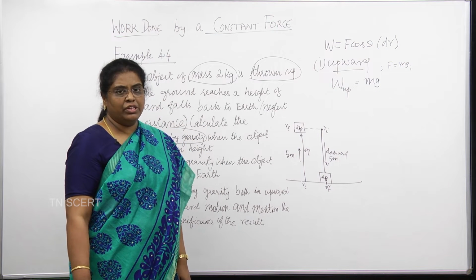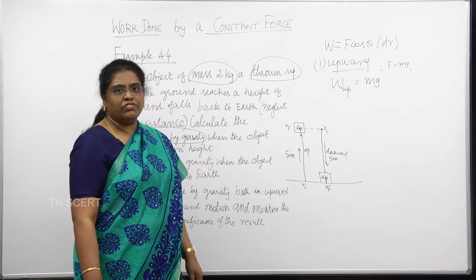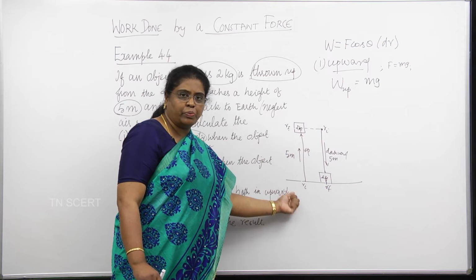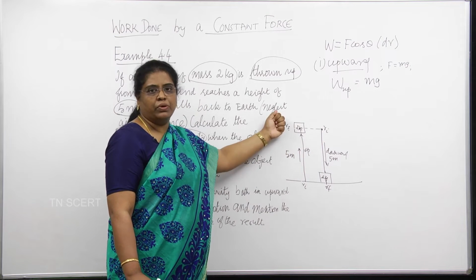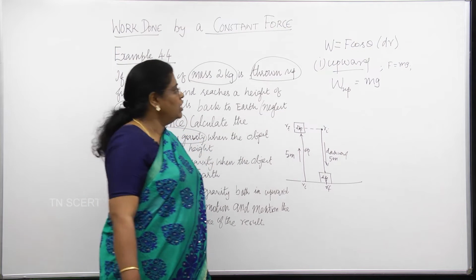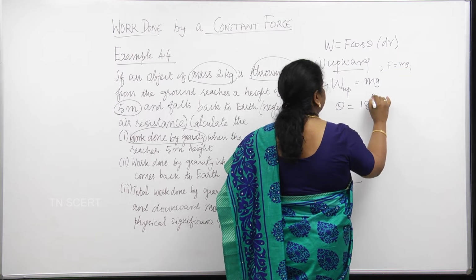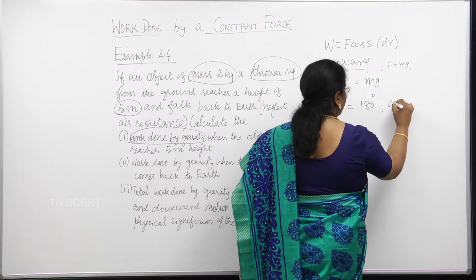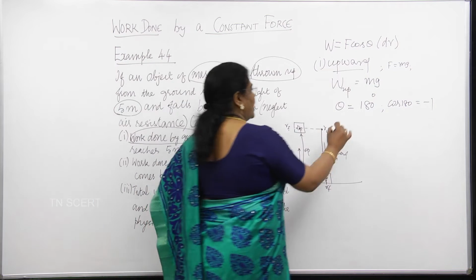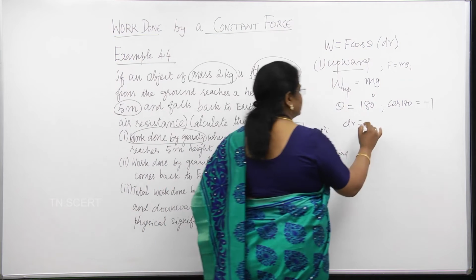Theta is the angle between the direction of the force and the direction of displacement. The force is pulling it down, and the displacement is moving it up. So theta in this particular case is 180 degrees, and therefore cos 180 is equal to minus 1. And dr in this case is 5 meters.